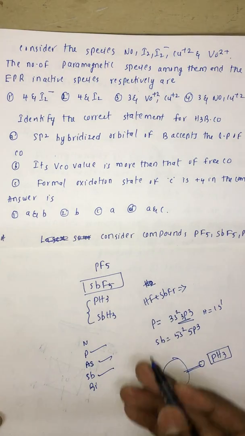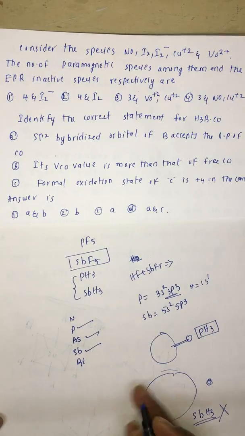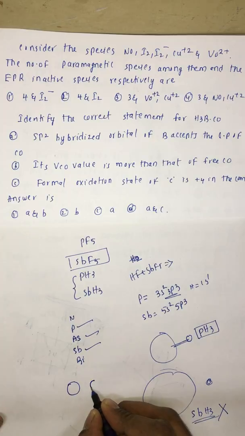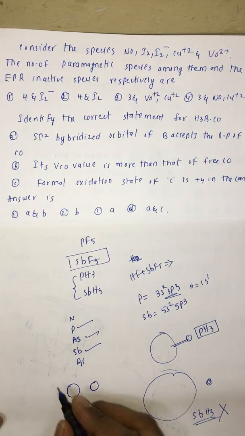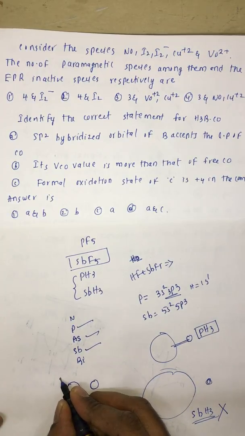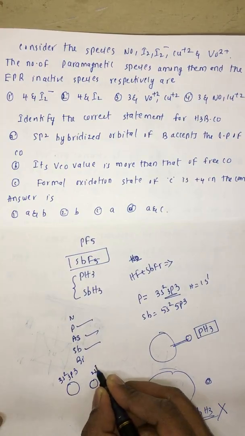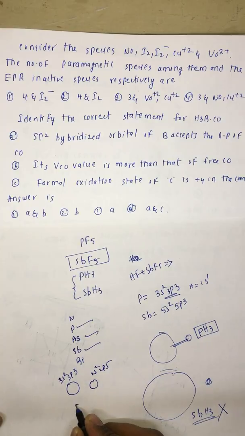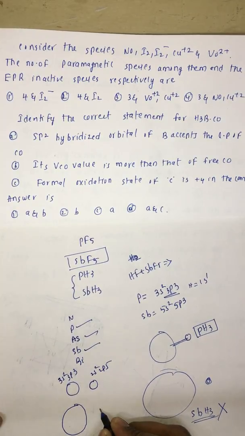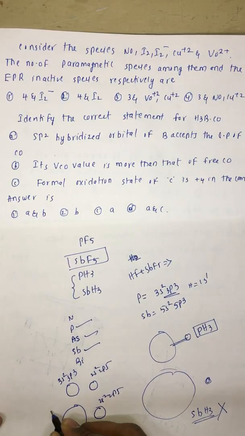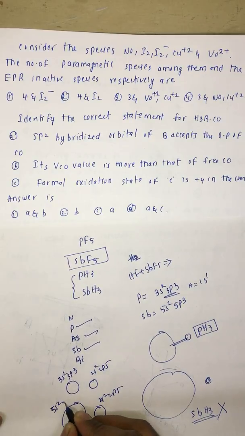And acidity wise also we can talk about this. We have phosphorus and fluorine. Phosphorus will be 3s2 3p3, and fluorine will be 2s2 2p5, and this is Sb, which is 5s2 5p3.